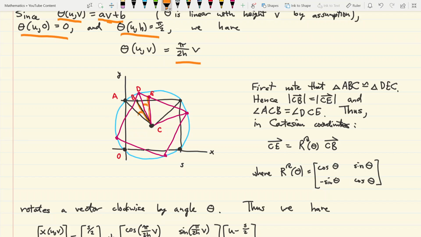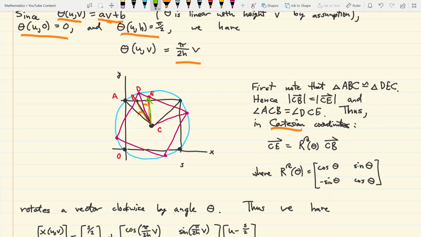so that in Cartesian coordinates, which is important to emphasize, and also using the standard basis vectors to get our components, the vector CE, so let's use a different color, green, I guess.